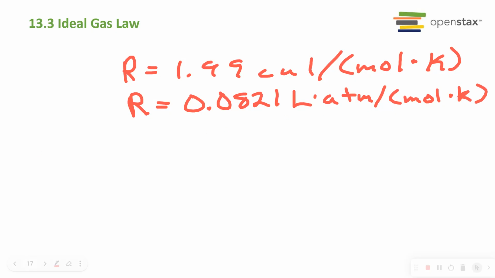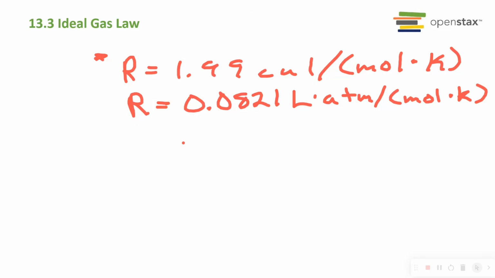It has a lot more to do with the application. If you're an engineer, you might use one as opposed to the other depending on the application. Dietitians would probably use this one a lot. If you're doing work with space, you measure pressures, and atm is atmospheric pressure. So anyways, let's move on to the next thing.